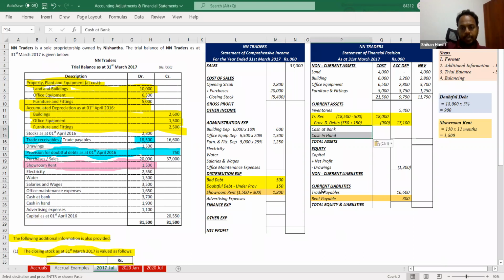Cash at bank, cash in hand. Right. Tell me what is the total asset, what is the net profit, and the balancing amount, total assets and total liabilities.